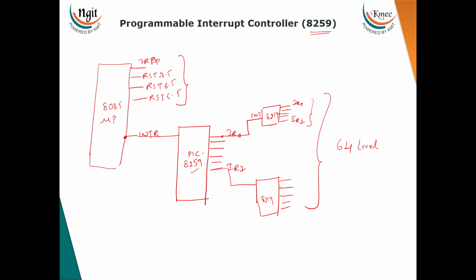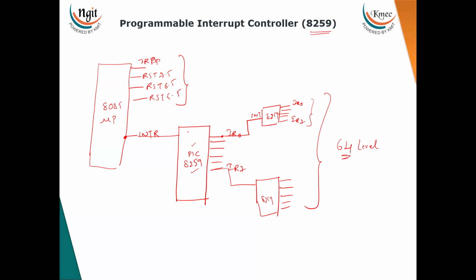So this is about the 8259. By connecting the first single IC, the interrupt handling capability is increased up to 8. Now if we connect 8 more ICs in cascade to the single IC, the total interrupt handling capability is increased up to 64 levels.